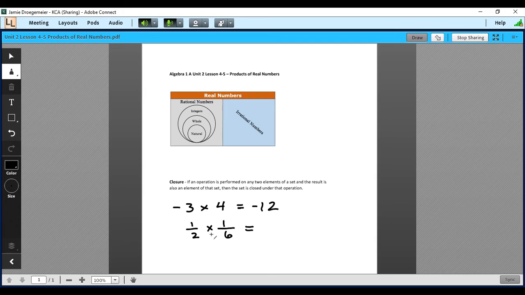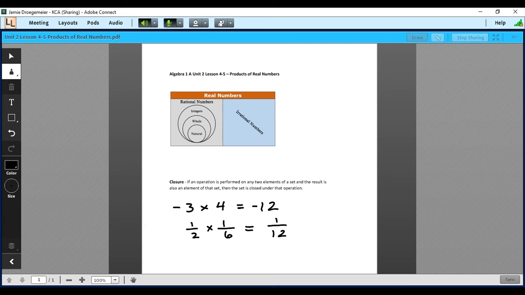They're both fractions. If I multiply these together, 1 times 1 is 1, 2 times 6 is 12. My product or my result is 1/12, which is also a rational number. And so what we'll find is that rational numbers are also a closed set when we talk about multiplication.